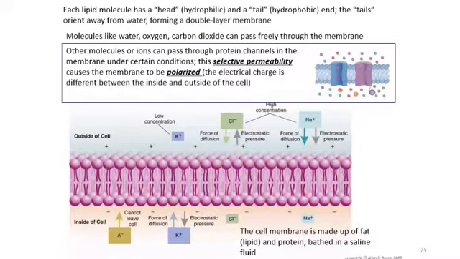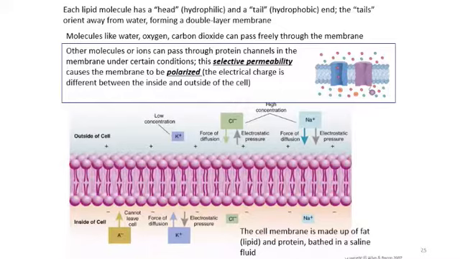Each lipid molecule has a head, which is hydrophilic, or likes water, and a tail, which is hydrophobic, or doesn't like water. The tails orient away from the water, forming a double-layered membrane, as you see here. Molecules like water, oxygen, and carbon dioxide can pass freely through this membrane. And again, these are just little molecules that are all bumping up against each other.